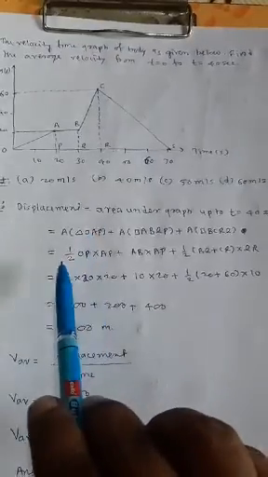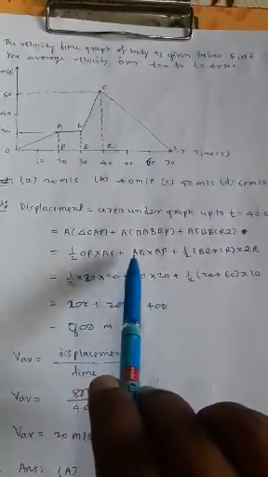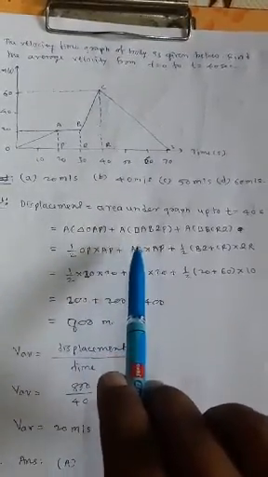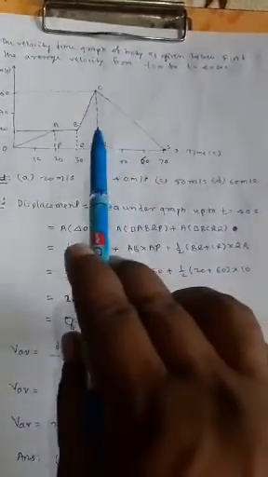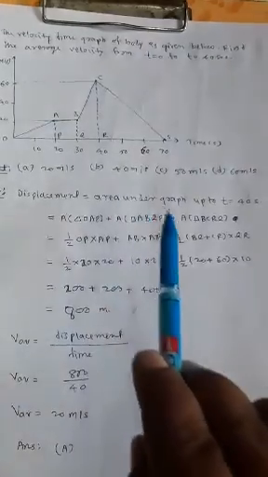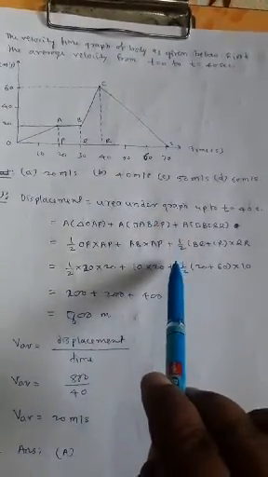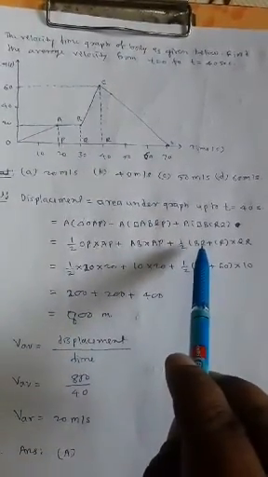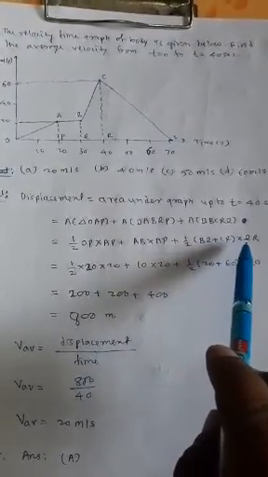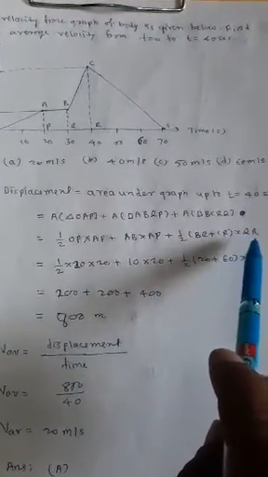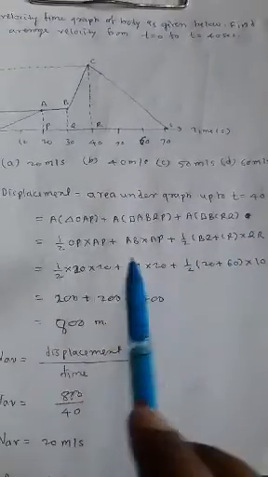Area of this triangle is half base into height, plus area of the rectangle is length into breadth, and area of this region is equal to half sum of the unequal sides into perpendicular distance between these two unequal sides.